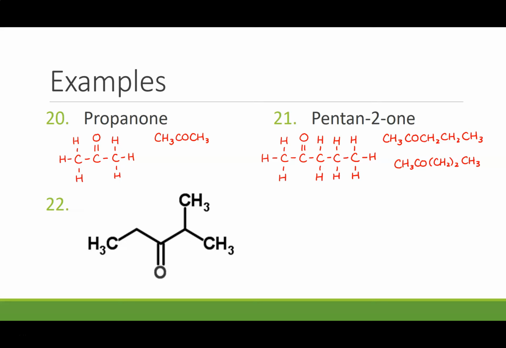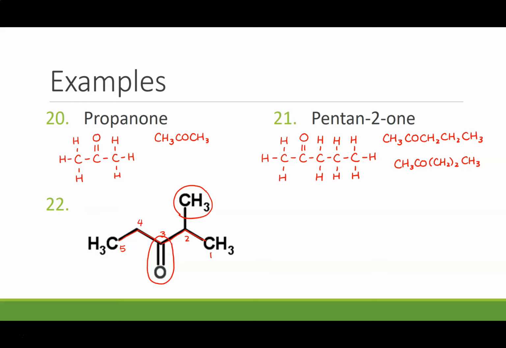In number 22, we are given a drawn molecule and we need to name it. So the first thing we're going to do is figure out the longest carbon chain. And here it is. Now we're going to number the carbons so that the branches and the functional groups have the lowest numbers. And we have a methyl group and a carbonyl group.